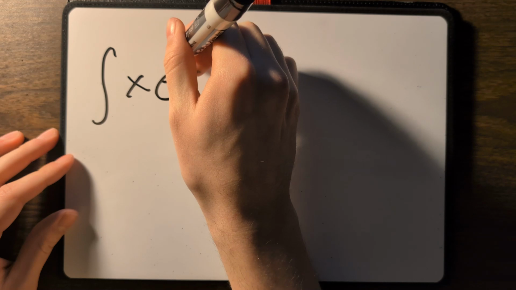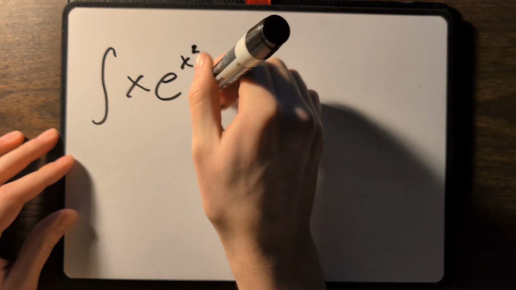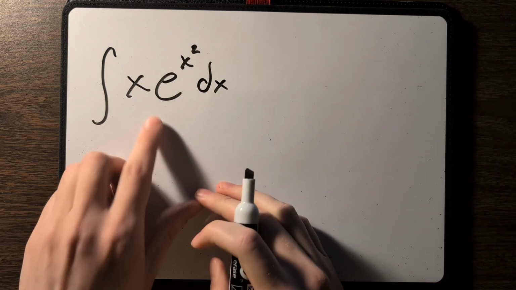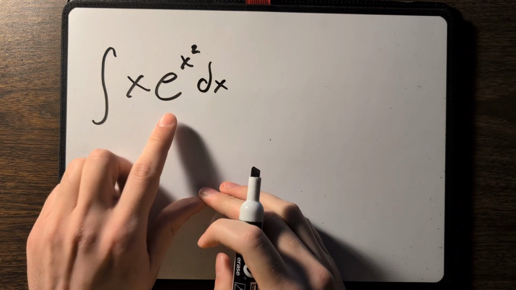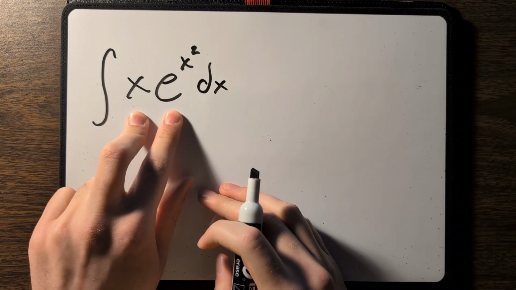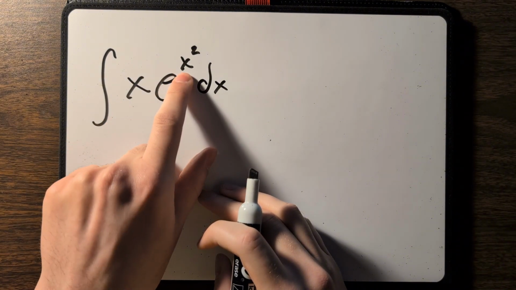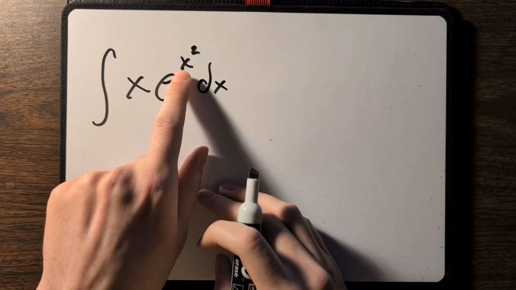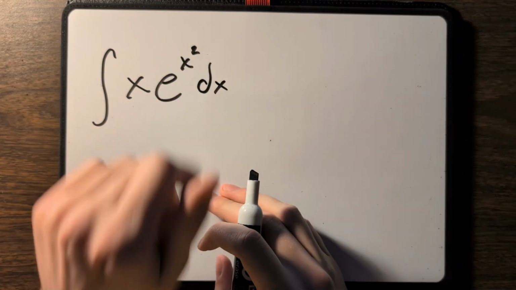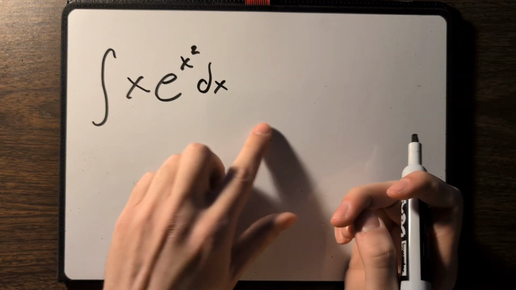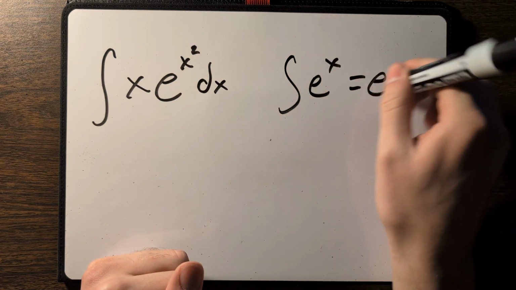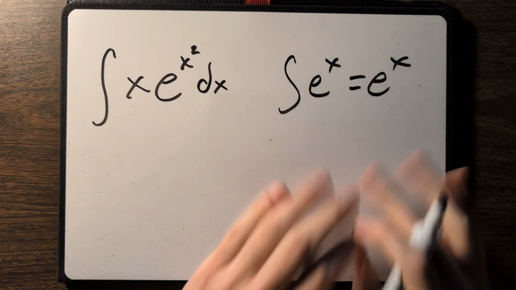x e to the x squared. Okay, so in this case, we have two functions of x multiplied together, but this function has an x squared inside of the e to the x squared. Now normally, when we encounter the integral of e to the x, that just equals e to the x, right?